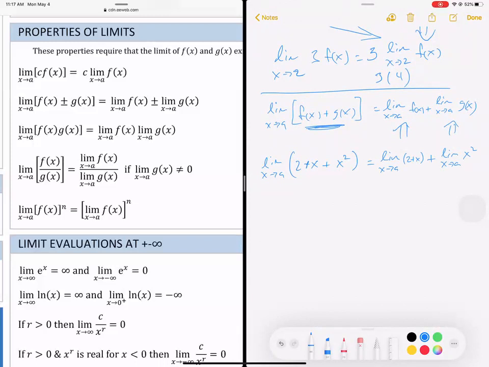Well, why is that a big deal? Well, let's give ourselves a number. And I say the limit as x approaches, let's use number 3, of 2 plus x squared. Would that be any different than if I did the limits of them separately?